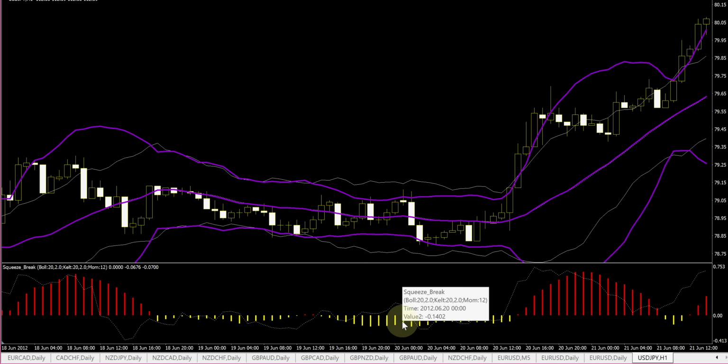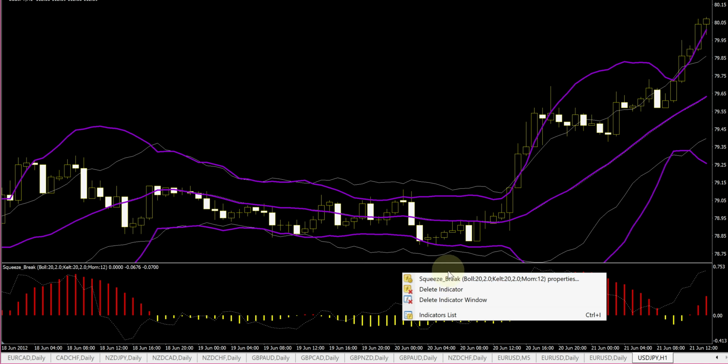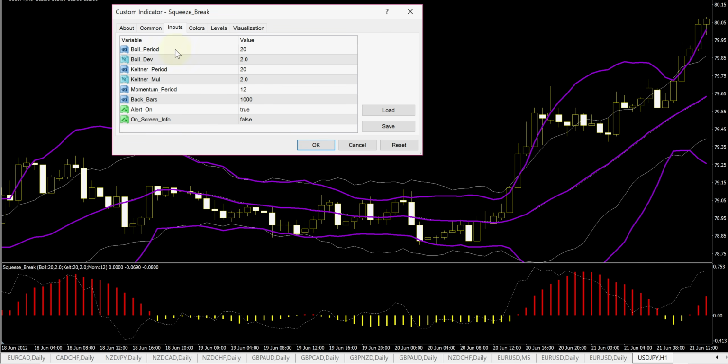And this squeeze indicator is a combination of both Bollinger and Keltner Channel. As you can see, the first two settings are for Bollinger, which is period 20, standard deviation 2, and the next two settings are for Keltner Channel, which is period 20 and ATR 2.